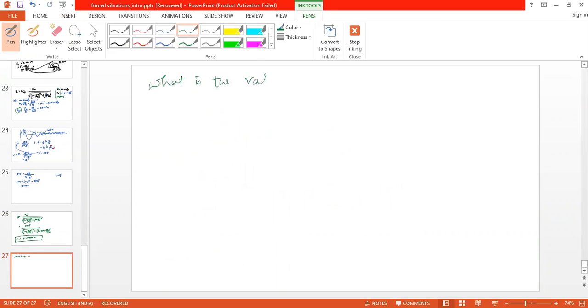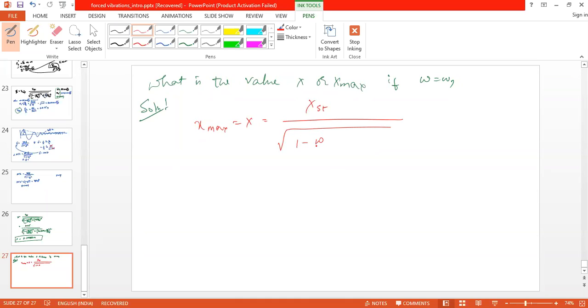What is the value of x max if omega is equal to omega n? So the solution is again, we need to write the equation x max that is equal to x st divided by root of 1 minus omega by omega n whole square plus 2 zeta omega by omega n whole square.